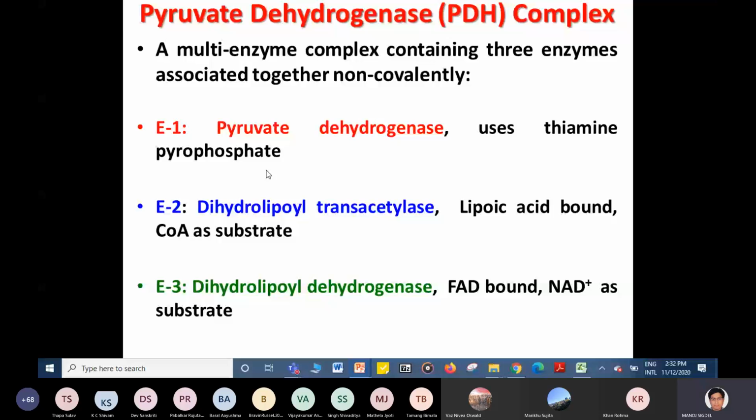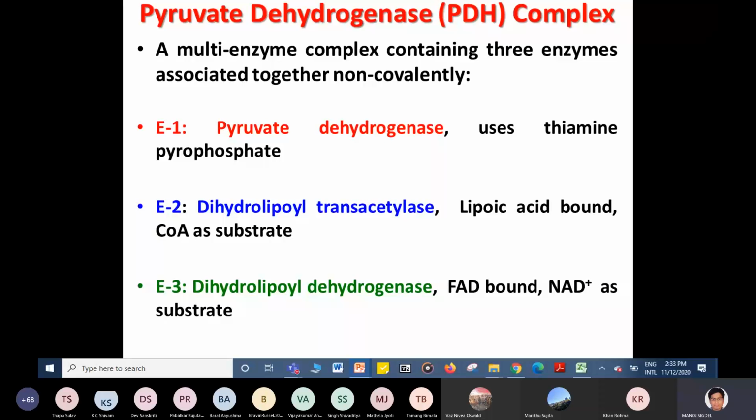Dihydrolipoyl transacetylase is lipoic acid bound and uses coenzyme A as a substrate, that means as a coenzyme. Next is dihydrolipoyl dehydrogenase. This is FAD bound and also uses NAD as a substrate.